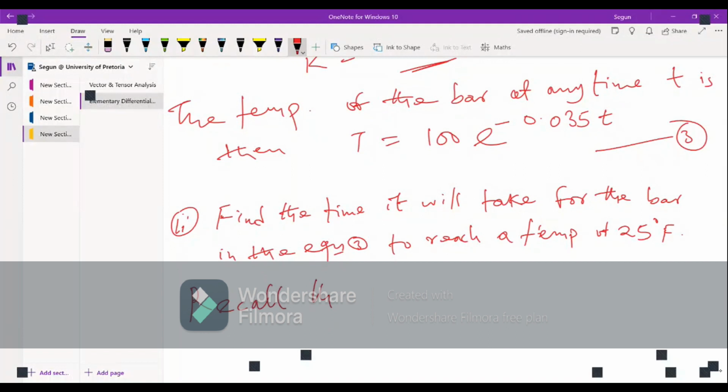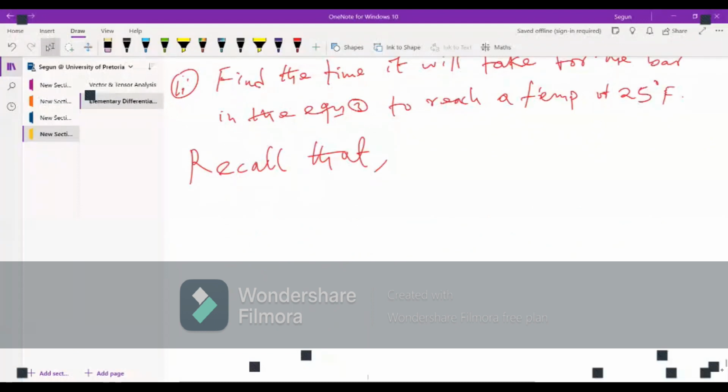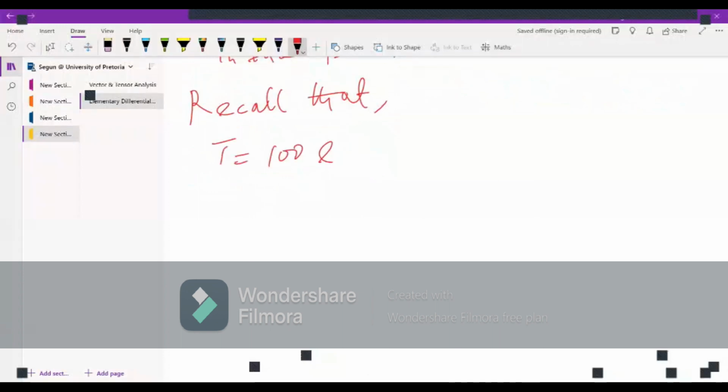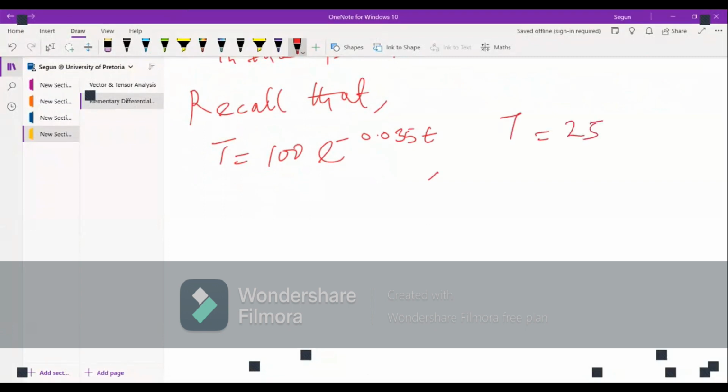Recall that T equals 100 exponential minus 0.035t. Then our capital T in this case is 25. So we substitute it here into equation 3.